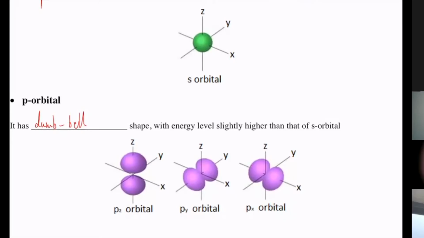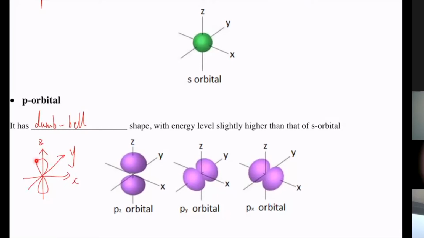And the way that we draw it is usually, for the pz orbital, we just draw this shape. That's how we draw the 2D diagram to represent the p orbital.